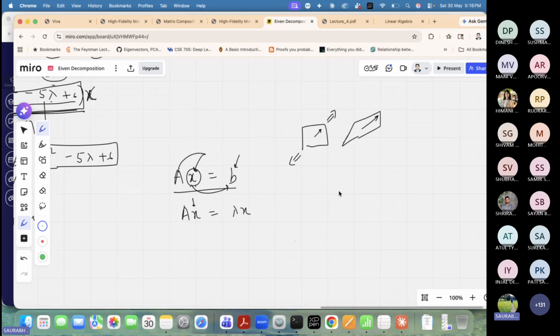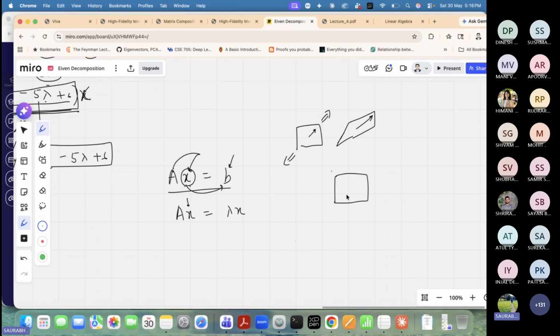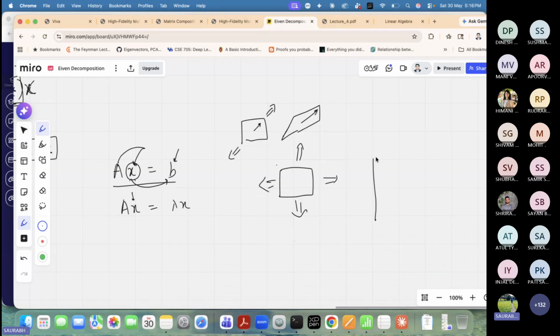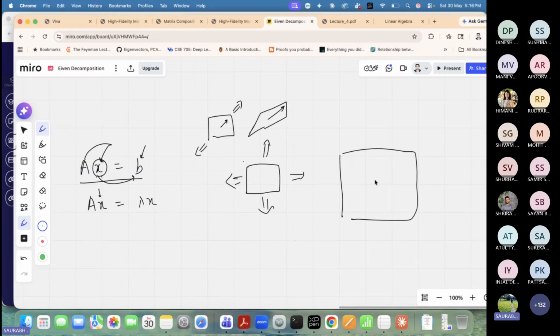Whatever transformation you do, for example, if you expand it from all the sides, you apply a force on your two-dimensional space and expand it like this. Now tell me what would be your eigenvector in this case? Which direction? An eigenvector is a direction. What could be the directions? The first direction would be this x-axis, right?